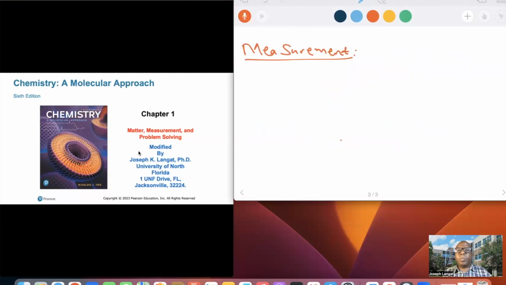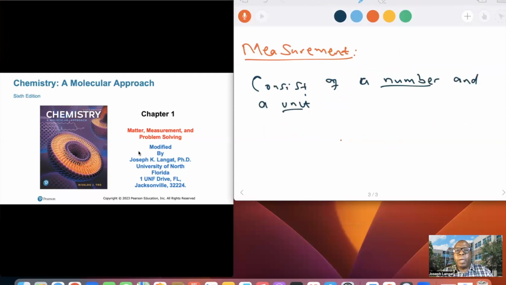Measurement consists of two things, all right? A number and a unit attached to it. This is what constitutes what we call a measurement in chemistry.